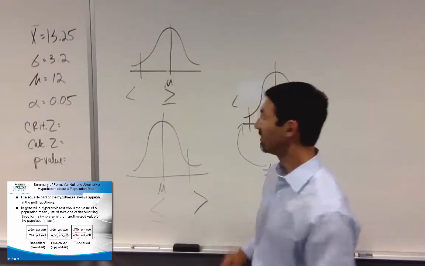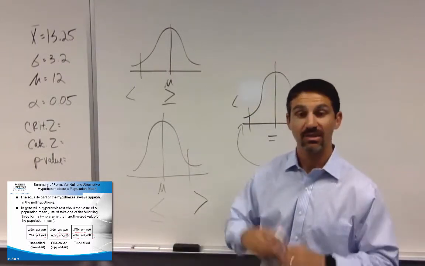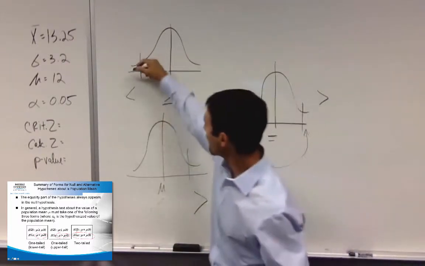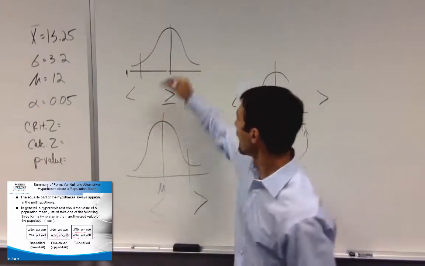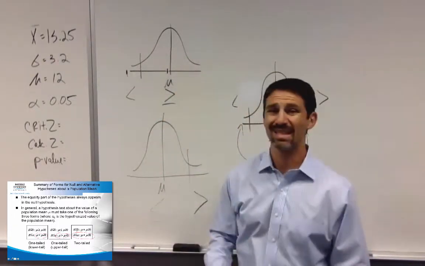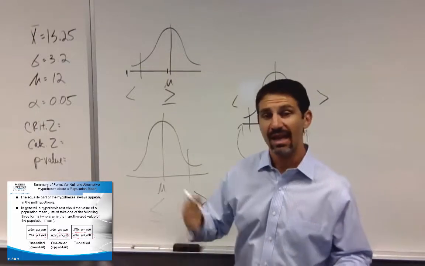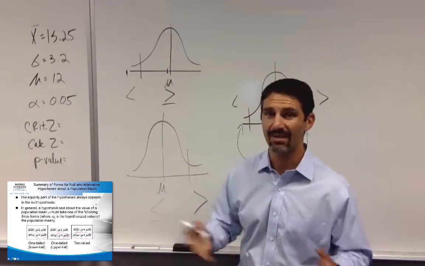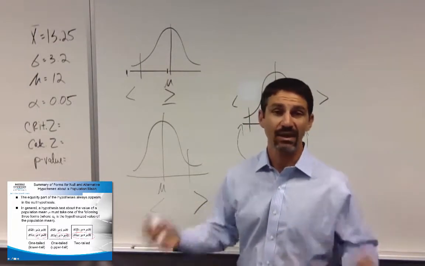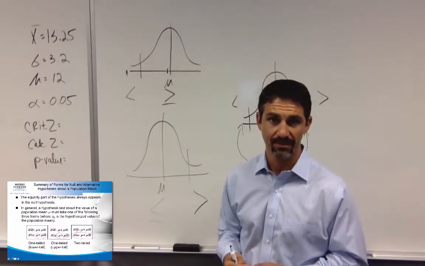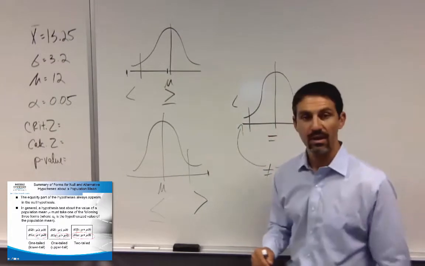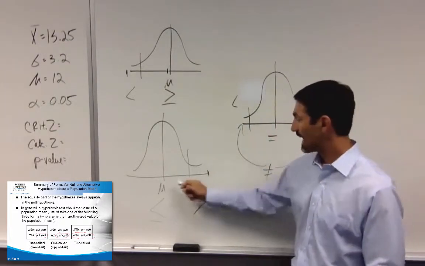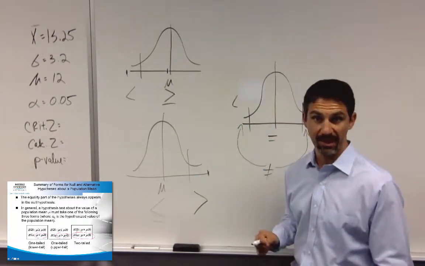So then what we're going to do is find our sample mean, and if we find out it's way down here, guess what? Significantly different. If we find out it's right here, we're going to say it's not significantly different. It's close enough to the mean to say that they're relatively the same, and the only difference is based on randomness. If it's somewhere out here, and we do the test for the right tail, we say we're significantly greater than the mean.